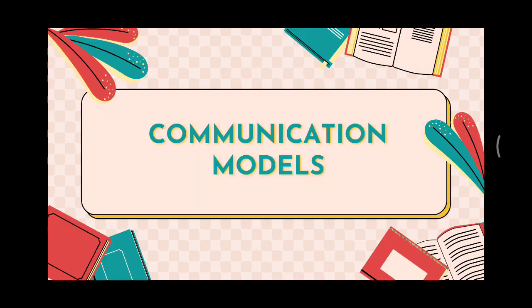Next, we proceed with the communication models. For these communication models, we have a lot of models that were already discussed, but for this video we will only focus on four, which I think are already familiar to you since they were already discussed in your oral communication subjects.